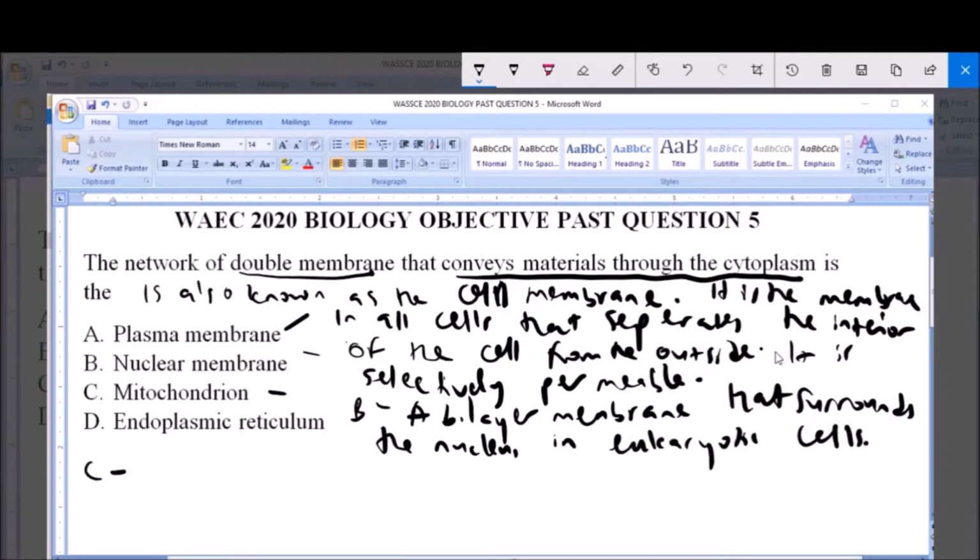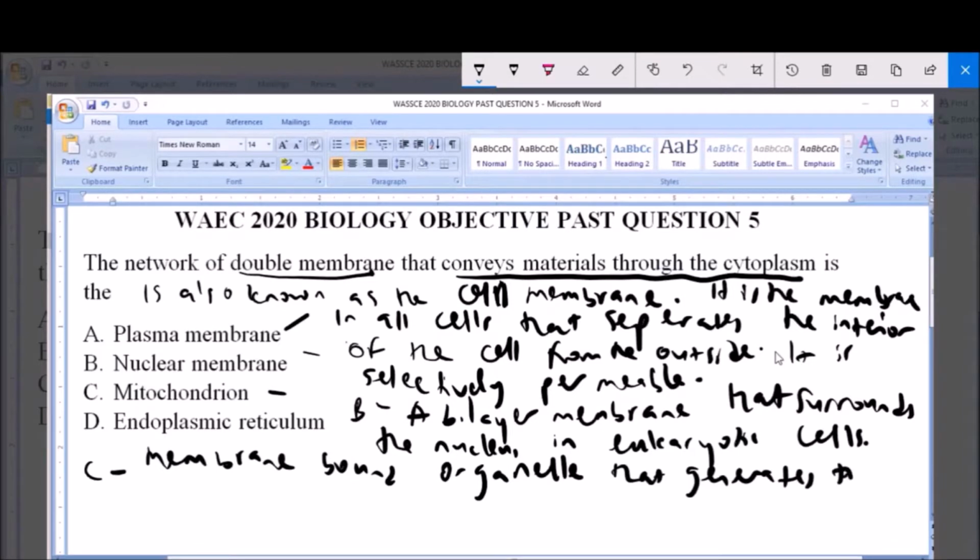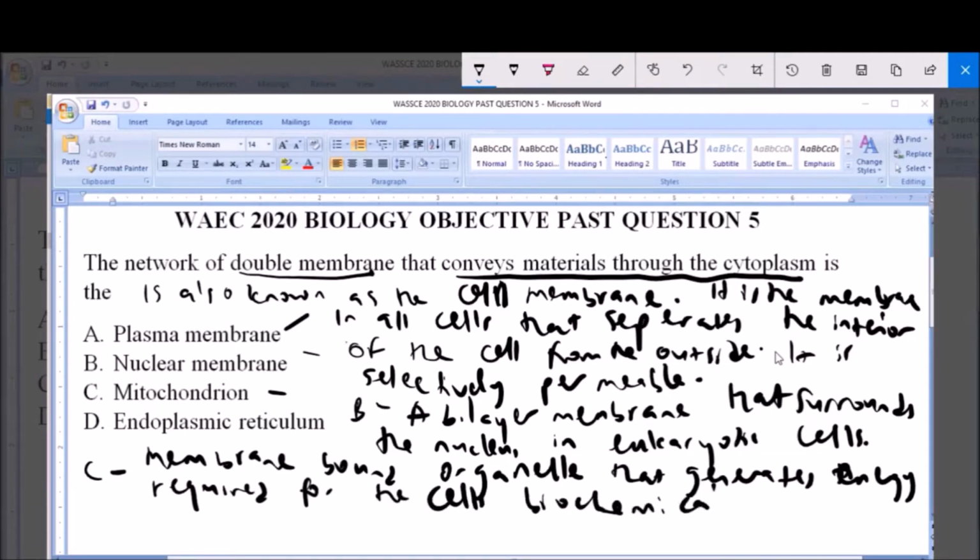Option C, the mitochondrion, is a membrane bound organelle that generates energy required for the cell's biochemical reactions.